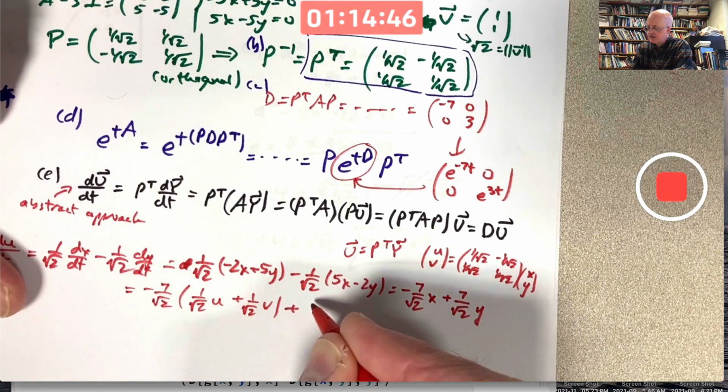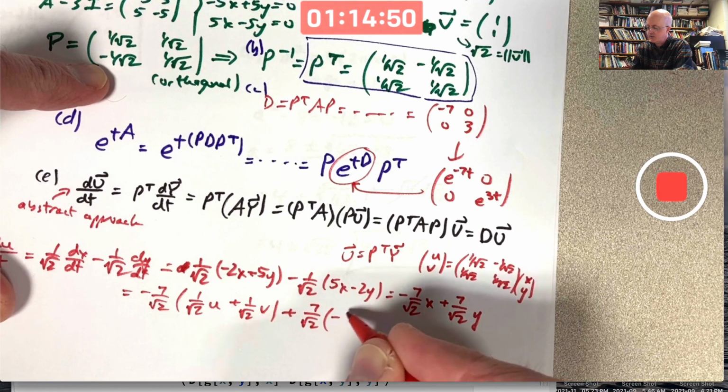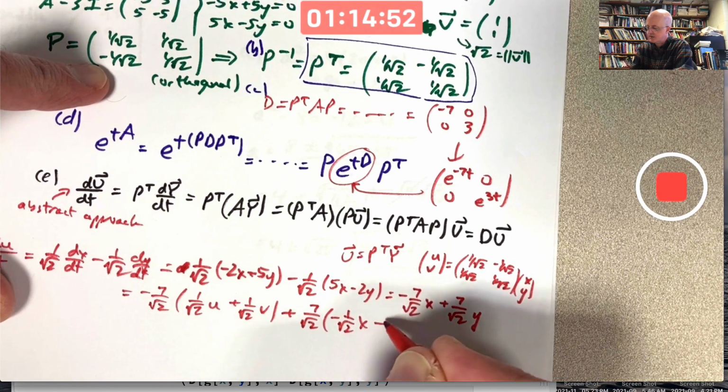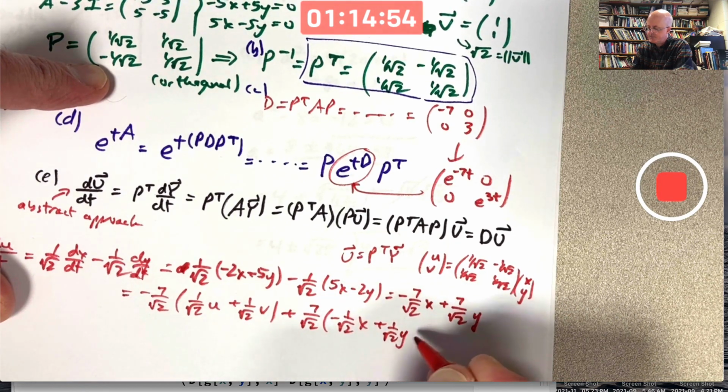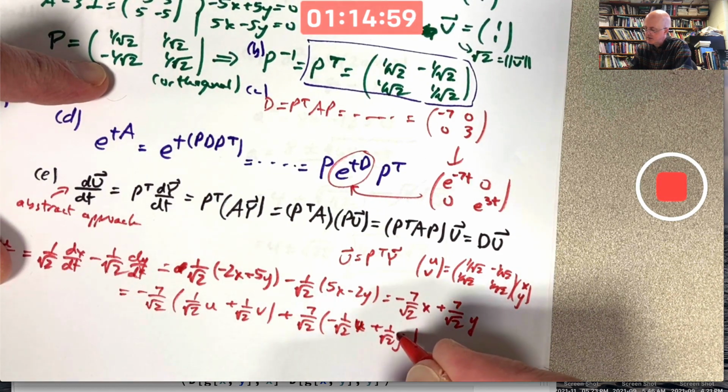And y gets replaced by thinking about the second row here, negative 1 over root 2 times u plus 1 over root 2 times v. Oops, u and v, sorry.